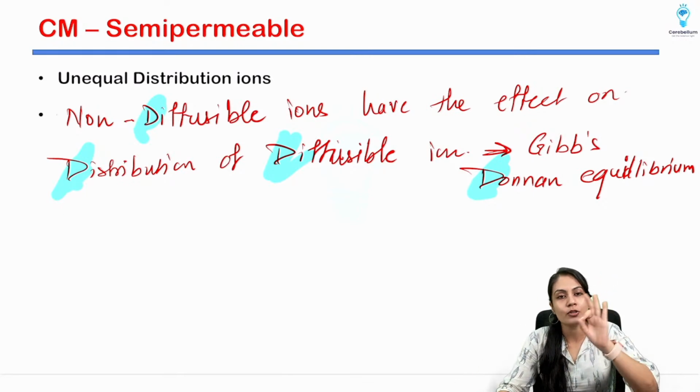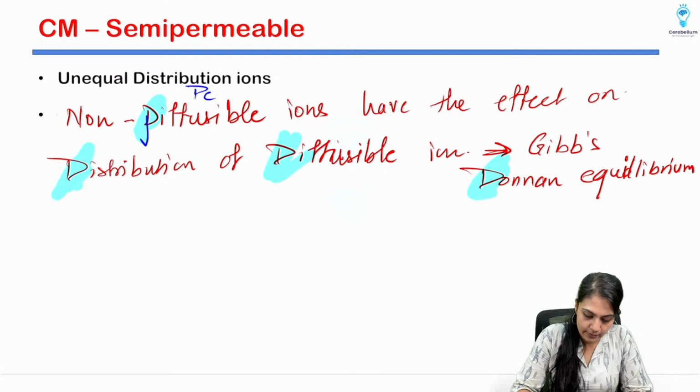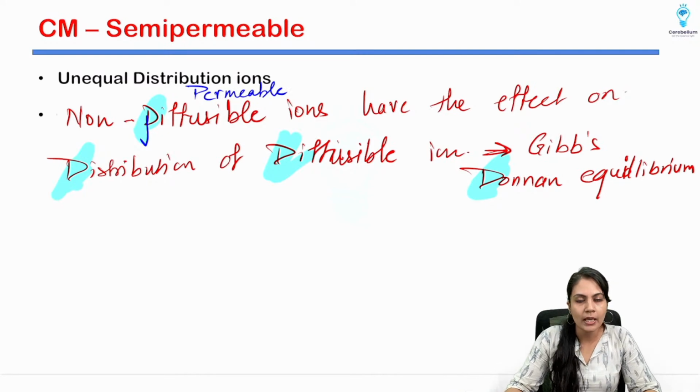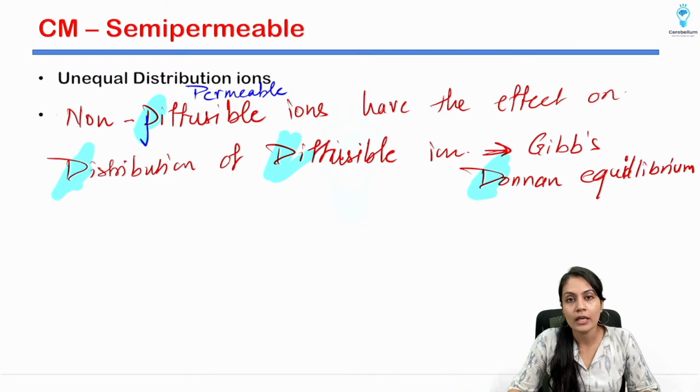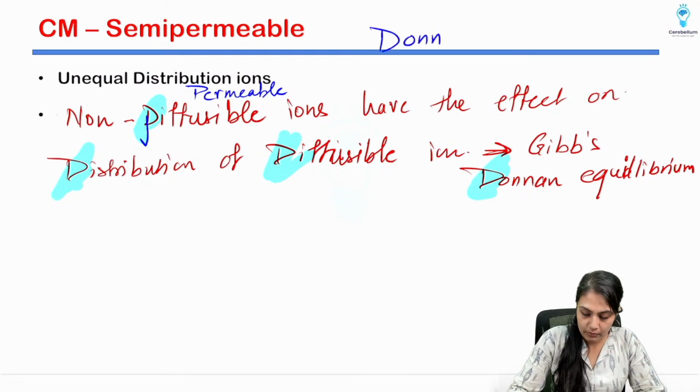So understand, either it is going to be D or P, right? So either they can write permeable ions or diffusible ions. Permeant, permeable ion, one and the same thing. Okay, so this is known as Gibbs equilibrium, and this is also called Donnan's effect.